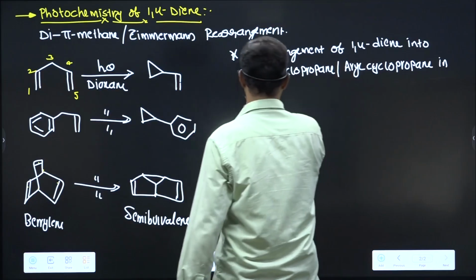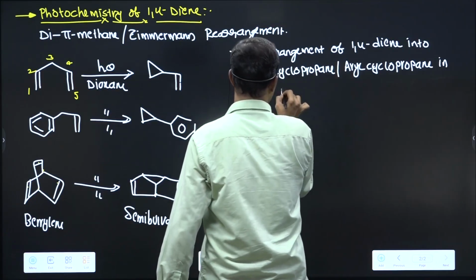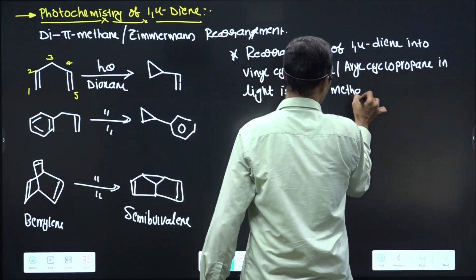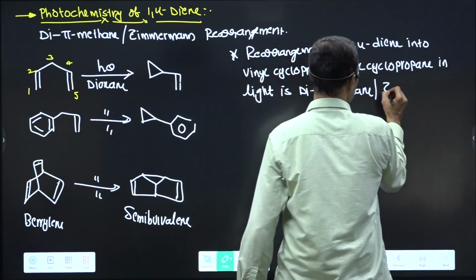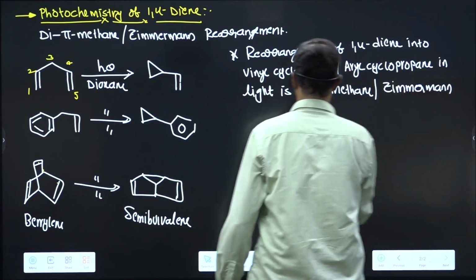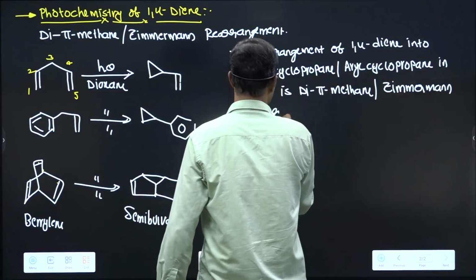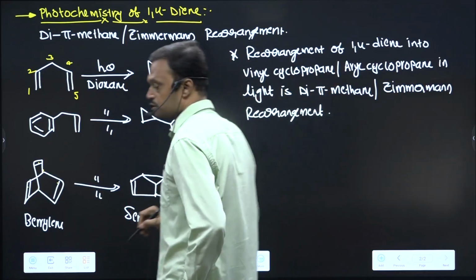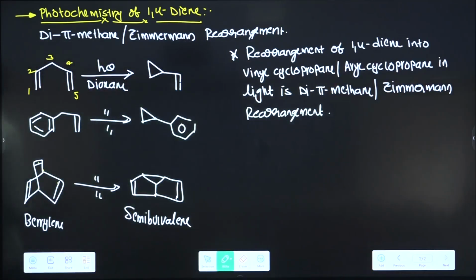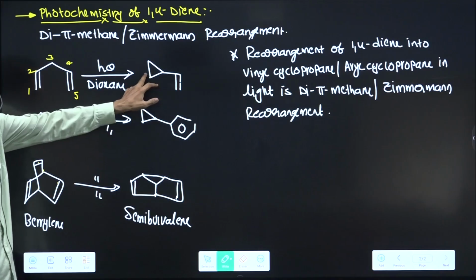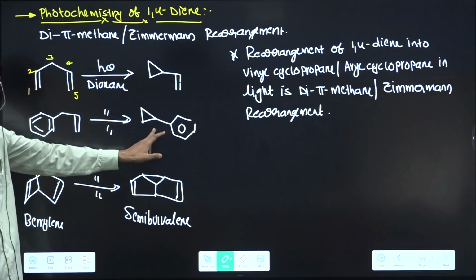In light. Here I am using photochemically. It is di-pi-methane rearrangement, or Zimmermann rearrangement, both are same. So if I take 1,4 diene, that will give vinyl cyclopropane. This is called vinyl cyclopropane. And what is this? Aryl cyclopropane.